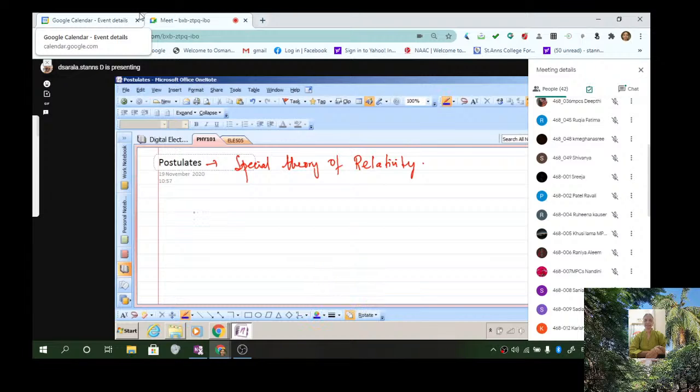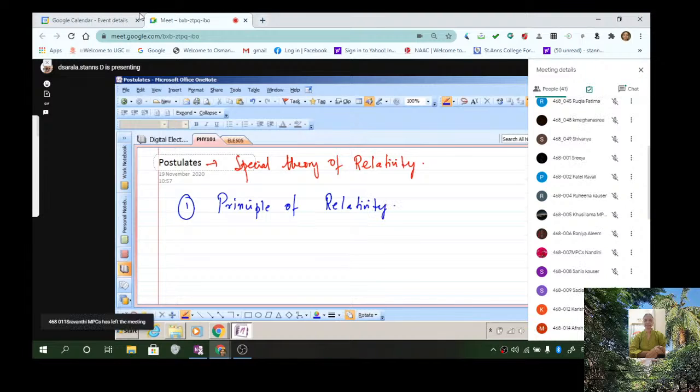The first postulate is actually called the principle of relativity.